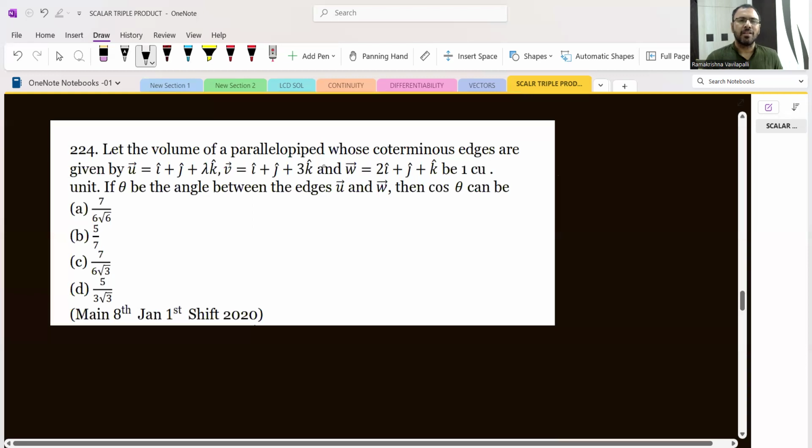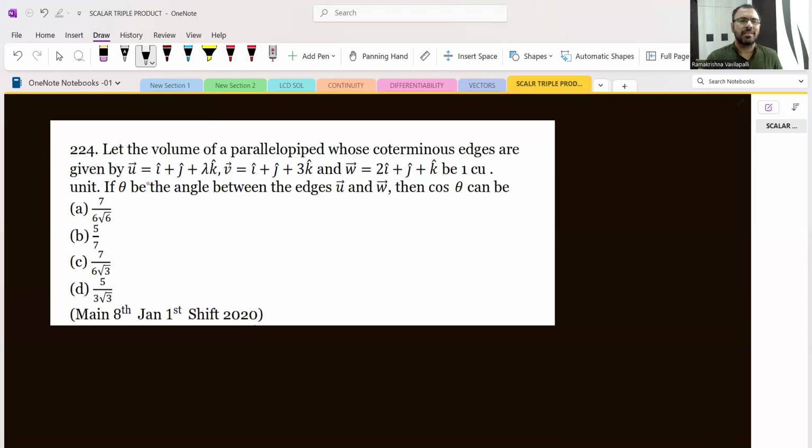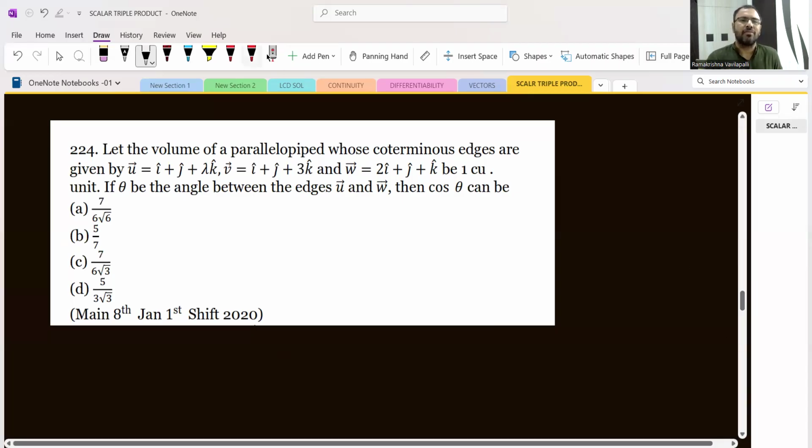Well, this is, let the volume of parallelepiped whose coterminous edges are given. If theta is the angle between U bar and W bar, then what is the cos theta? This is the similar procedure. Okay, you please try to solve it. You can find the value of lambda by applying that box of U bar, V bar, W bar modulus is equal to plus or minus 1.